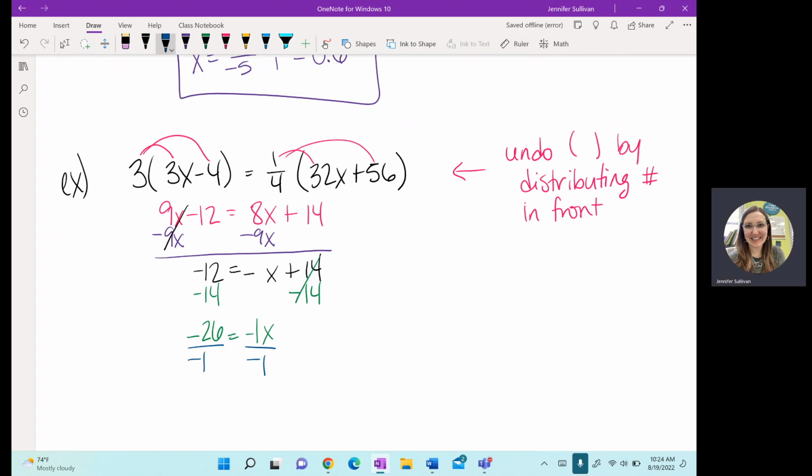Technically, you could also multiply by -1 because the coefficient is 1. But I like doing the divide because it keeps me thinking in the same steps and processes from before. I'm taking -1 times x. So I undo multiply by divide. So x equals -26 divided by -1 is a positive 26. And this is my answer.